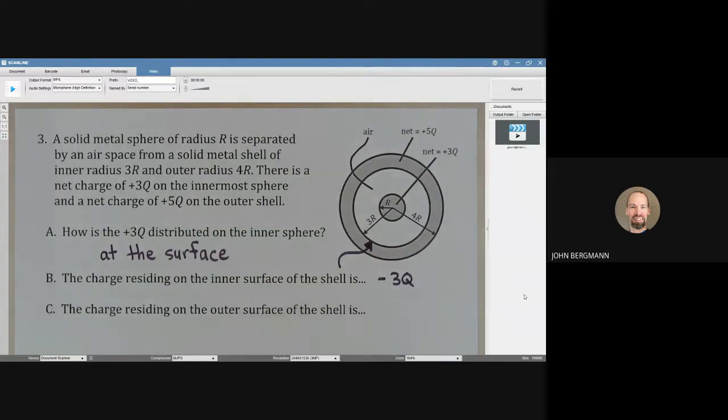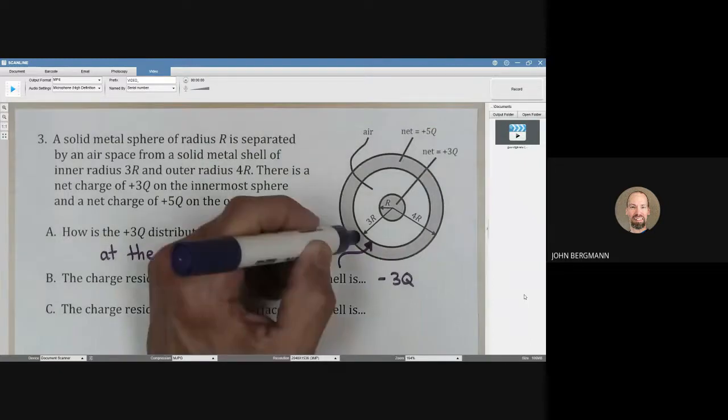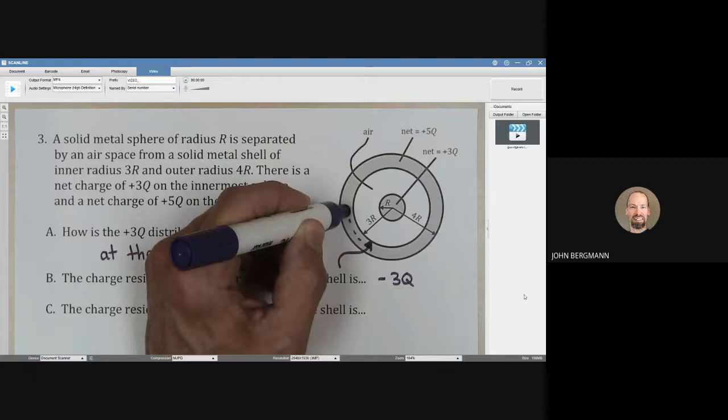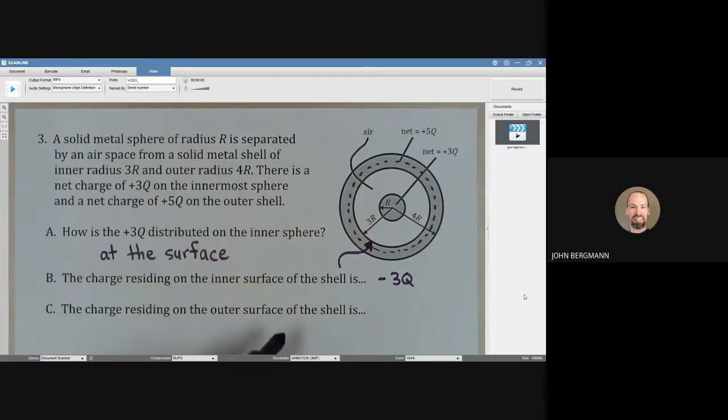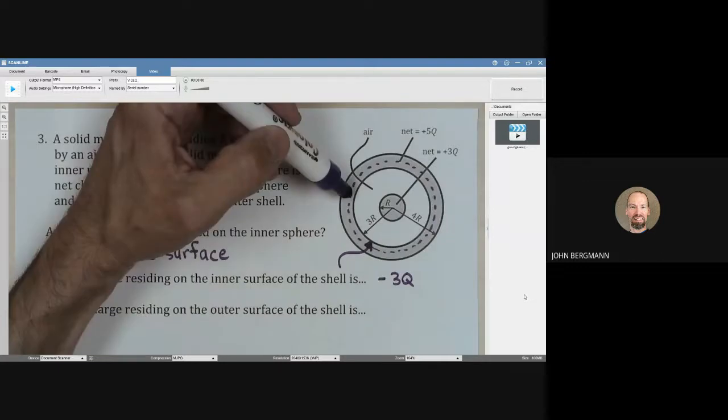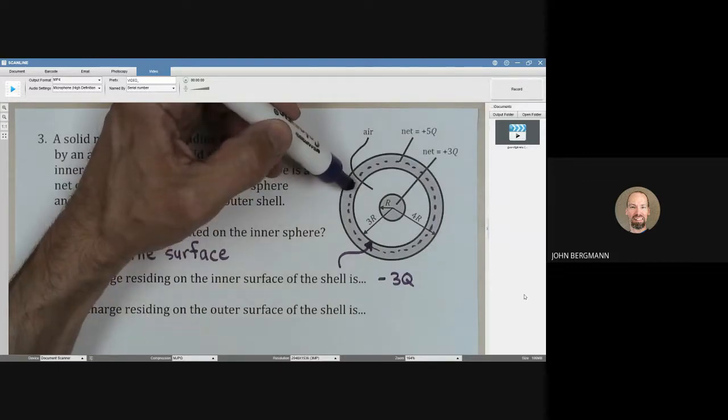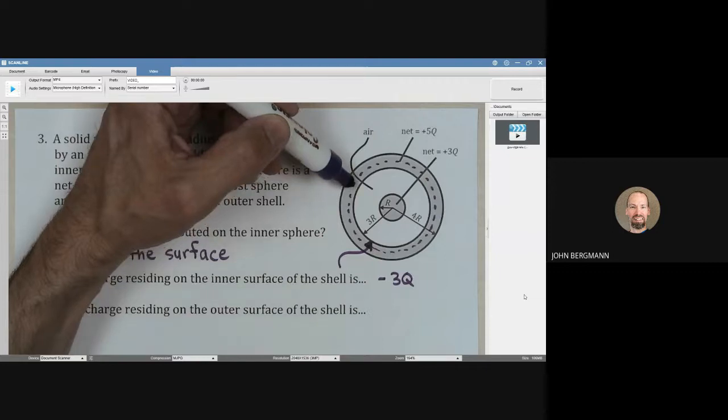If we were to draw a Gaussian sphere inside this thick metal basketball, what do we know about the electric field magnitude at that location? Isn't it 0? And if the electric field magnitude at that location is 0, by Gauss's law, that must mean that the charge enclosed is 0.